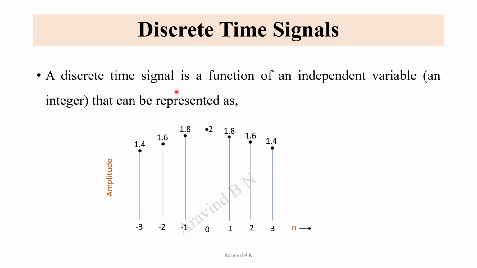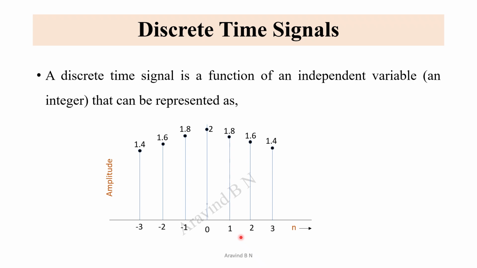A discrete time signal is a function of an independent variable, usually an integer, that can be represented like this. Here we have to observe that the x-axis is varying with respect to n, where n is a discrete variable. That means -3, -2, -1, 0, 1, 2, 3.